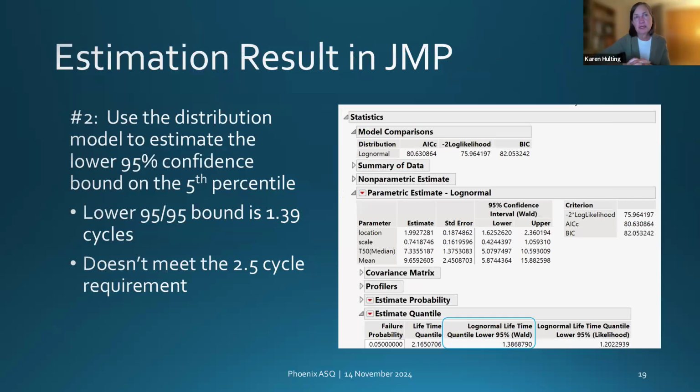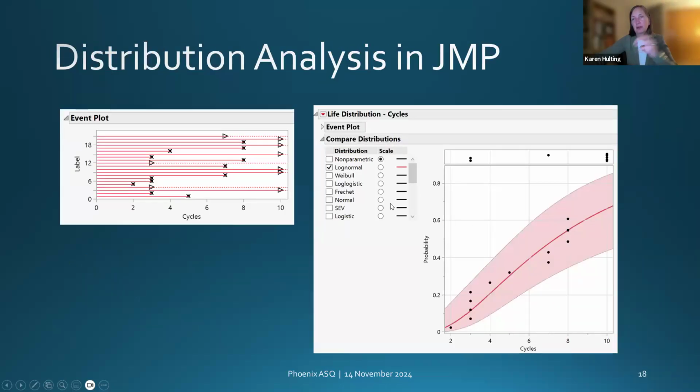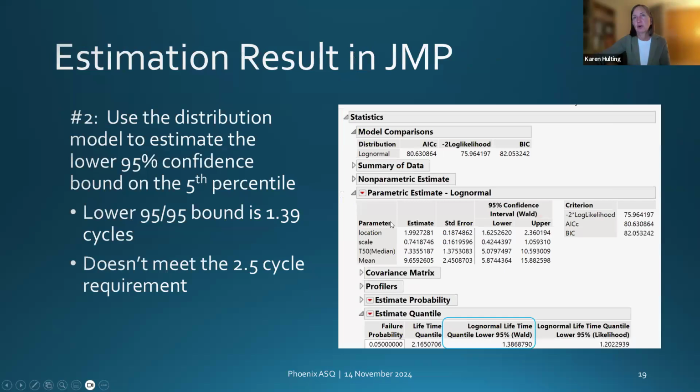Then, like we did in Minitab, we're going to use that distribution model to compute the lower 95% confidence bound on that 5th percentile. The way that we're going to do that in JMP is under estimate. We're right under these graphical outputs. You will have a whole bunch of statistical output. You can ask for estimating probabilities and estimating quantiles of the distribution.